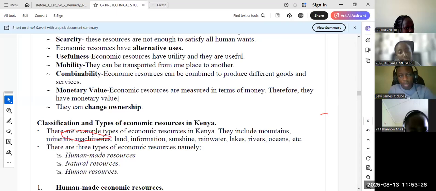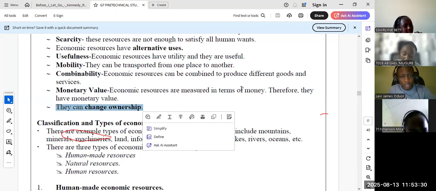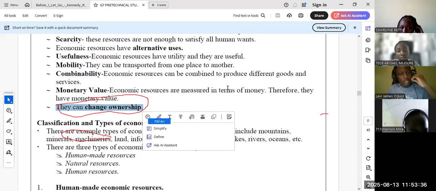Then lastly, James Oduor, what is the last characteristic? Oduor? Unmute yourself, Oduor. They can change ownership. Yeah, they can change ownership. Now, what do we mean by changing ownership? David, undo that, undo the circling.